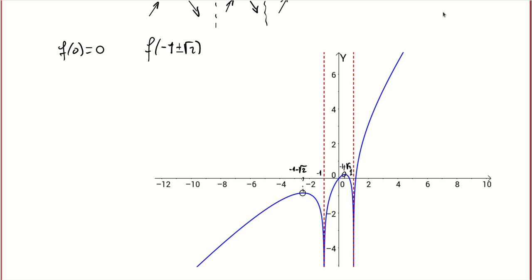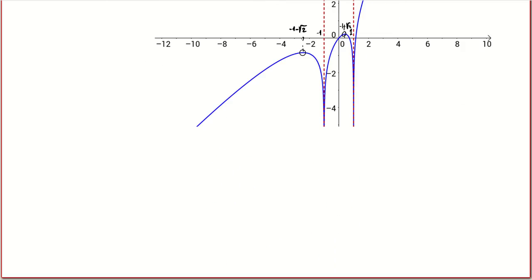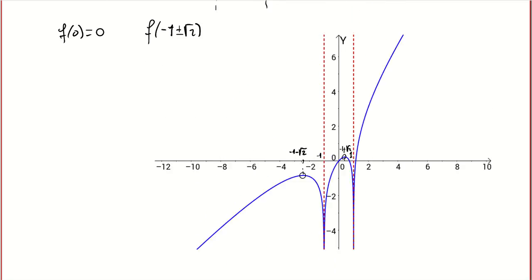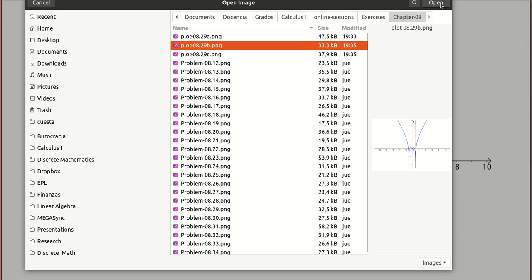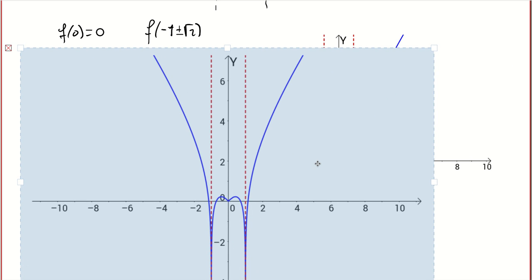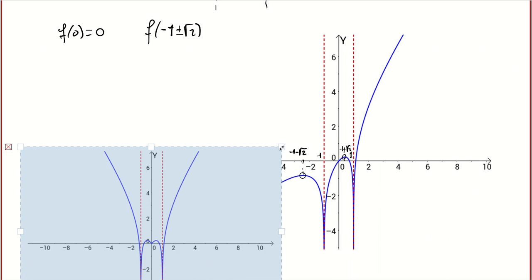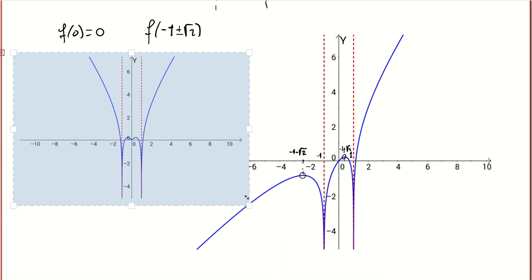All right, so now that we have the function, we need to figure out what the other two functions look like, right? So let me just plot them here. The first one is the function of the absolute value. So let me put it like here, for instance, right?